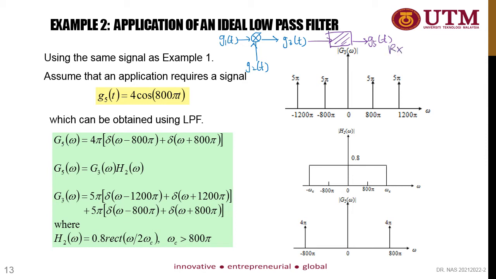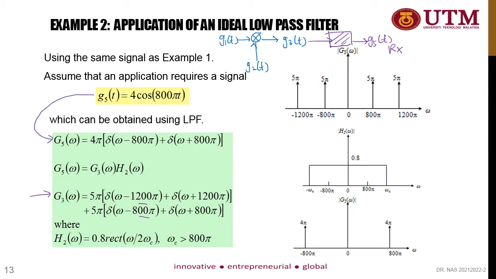From the earlier example, G3 in the frequency domain equals this equation, in which we have two different frequencies, 1200 pi and also 800 pi, both in positive and negative frequencies. However, the final output required is G5 when converted into the frequency domain.